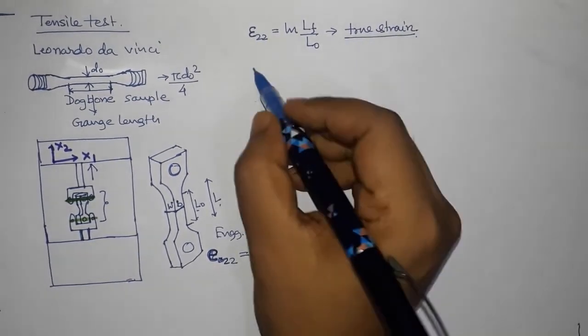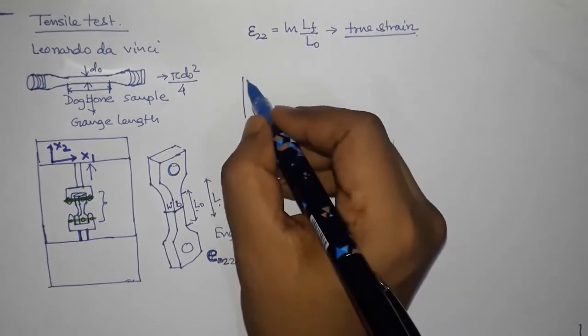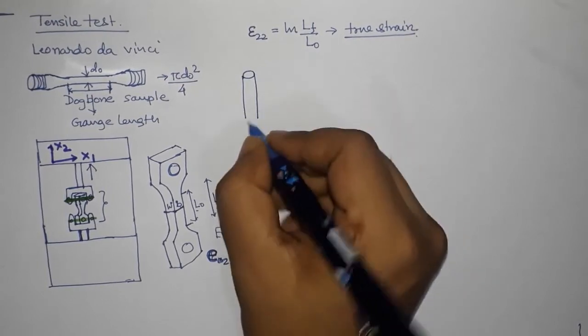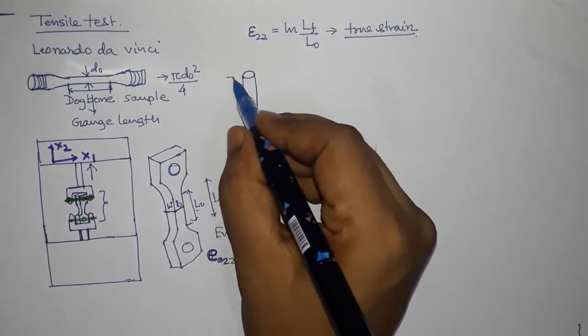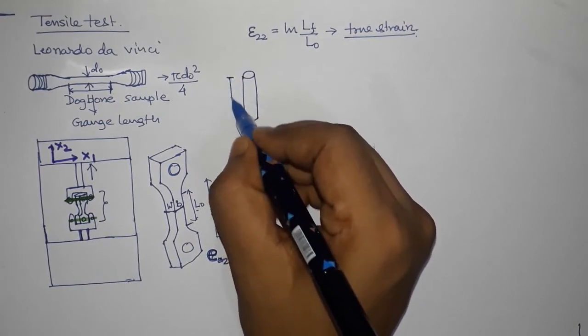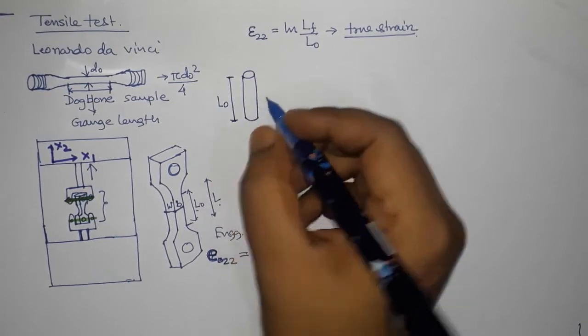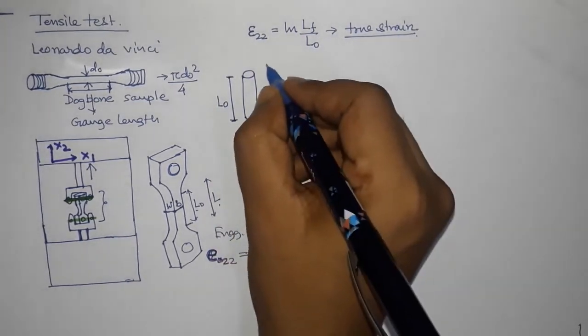So for example, we take a cylindrical piece of material which has the initial length of L naught, right? Then we start testing and it expands.